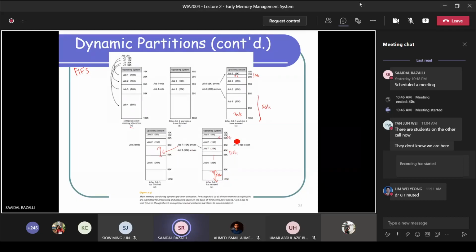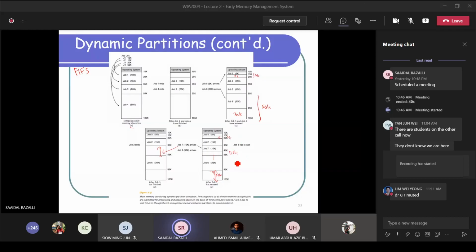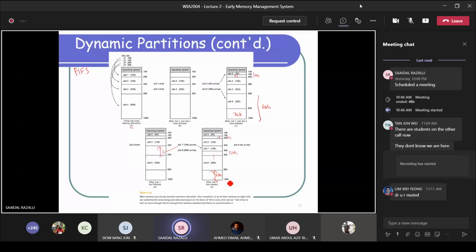Although if you combine the unused memory, 5 plus 10 plus 20 is 35K, you could actually accommodate it based on free space alone, but job 8 has to wait until one of these slots finishes.